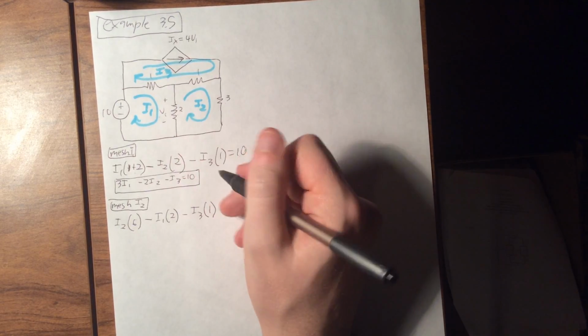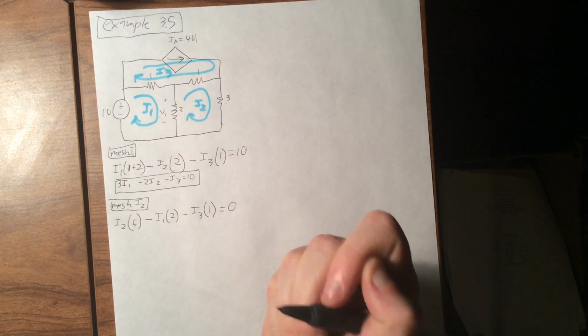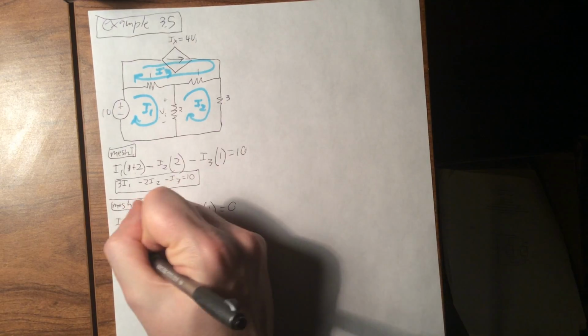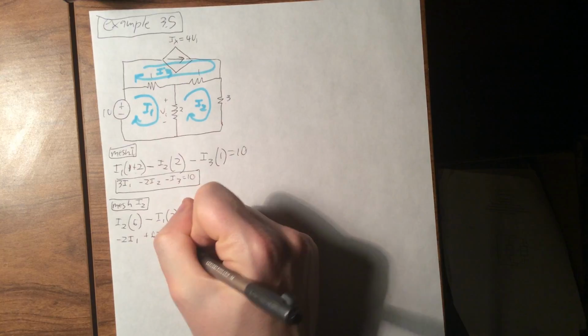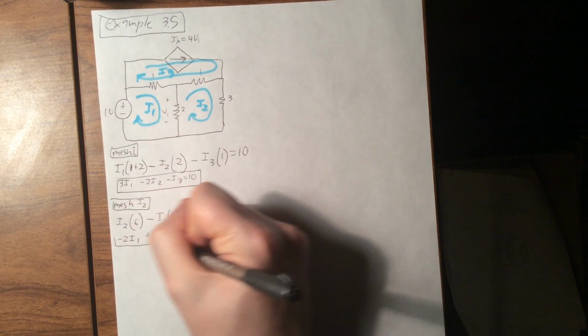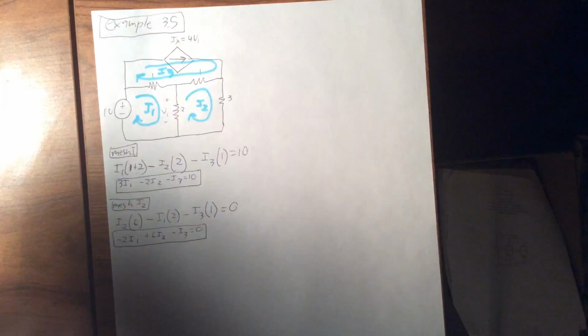There's no power supply in there, so that equals 0. Simplified, that's minus 2I1 plus 6I2 minus I3 equals 0.